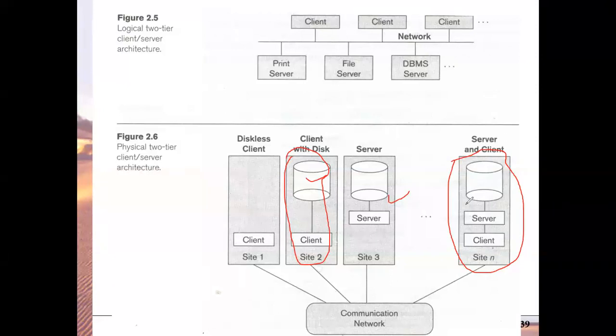That means that PC can act as a client as well as a server. So this is how different types of clients and servers can be connected in this two-tier client server architecture. Two-tier indicates two ends. One end is client and the second end is server. There is no mediator in between. Fine, let's move to the next.